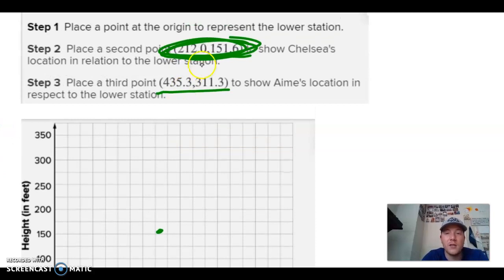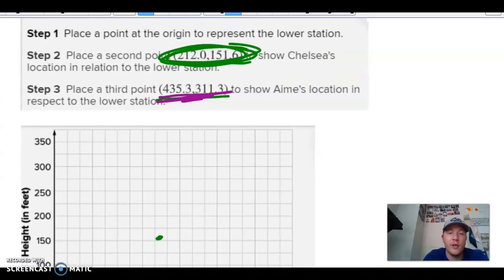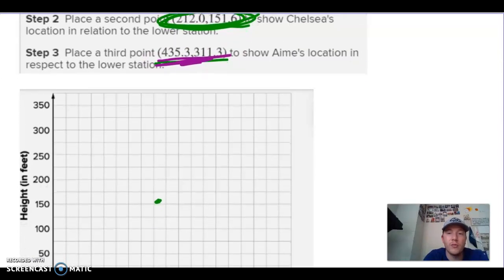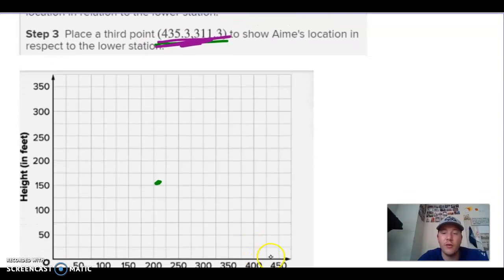And then I've got 435.3 and 311.3. Whoa, not meaning to be moving the camera around. 435.3 somewhere about here, and 311.3 somewhere like there-ish maybe. You can see I'm probably not going to be able to count that. Okay, this is where you're going to have to be using that distance formula.